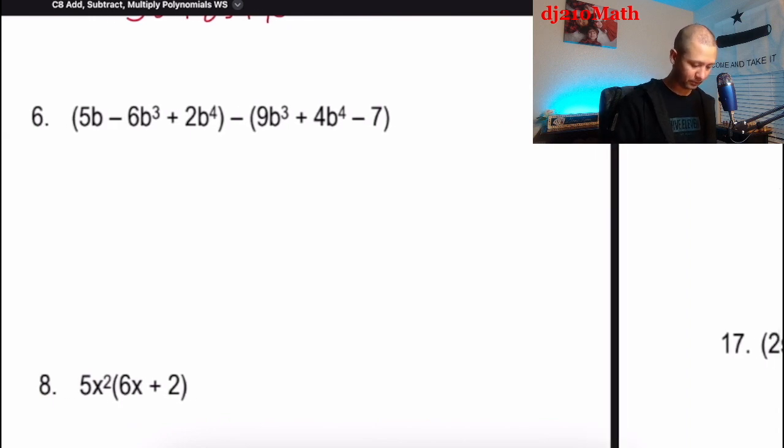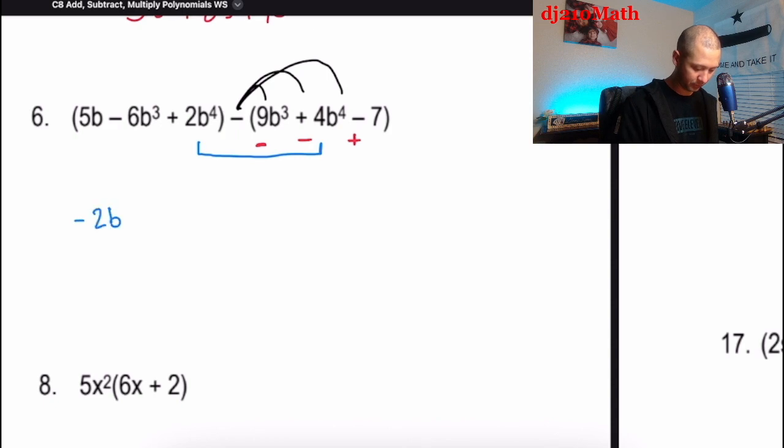Number 6, distributing the negative. This is going to be negative, negative, and then plus. And then we add. So let's see. They're all jumbled in. So b to the 4th is our highest. So combining the b to the 4th is going to be 2 minus 4, which is negative 2b to the 4th.